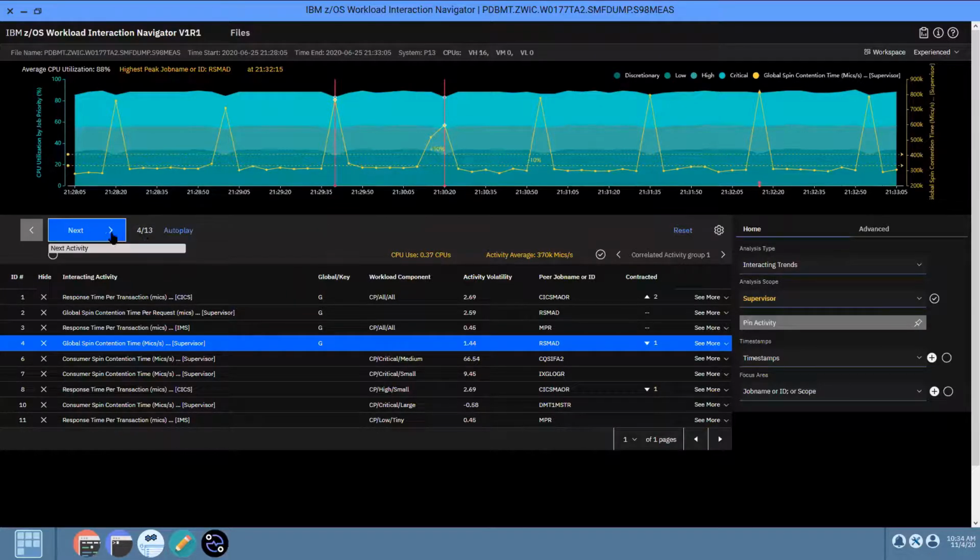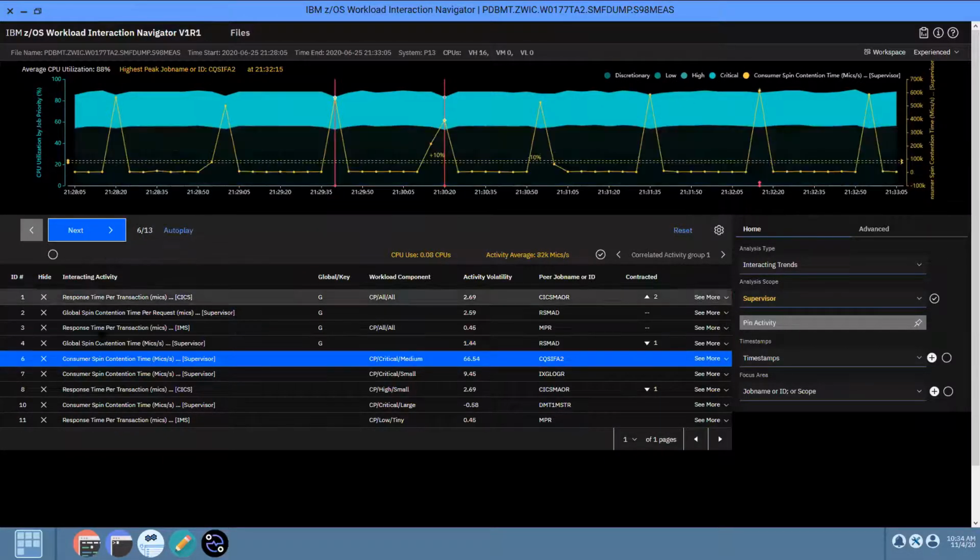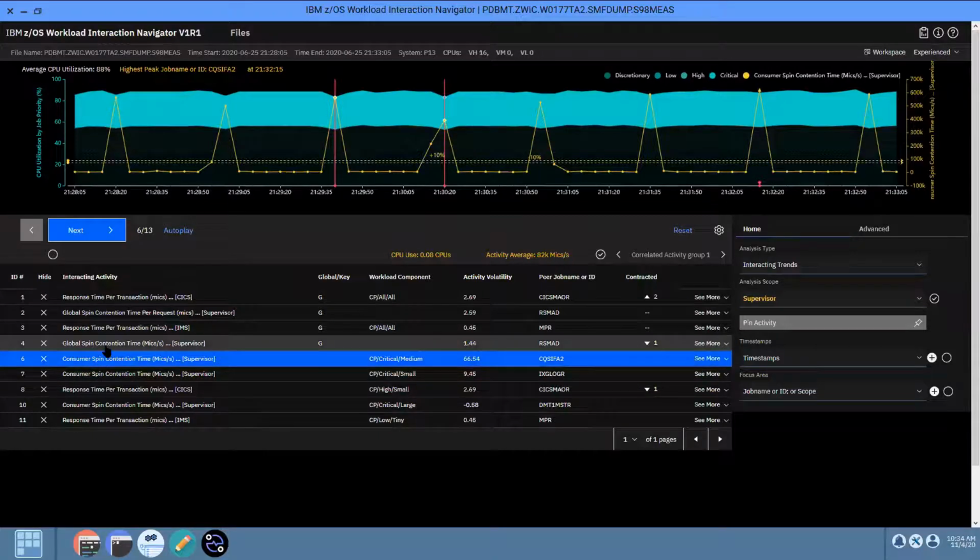I'm going to click the next button to get to the next activity. The next activity is consumer spin contention time. The previous activity was global spin contention time. Consumer spin contention time asks: who is spinning on system resources?